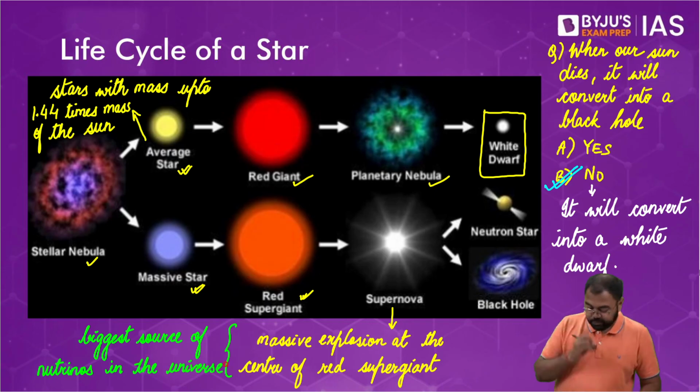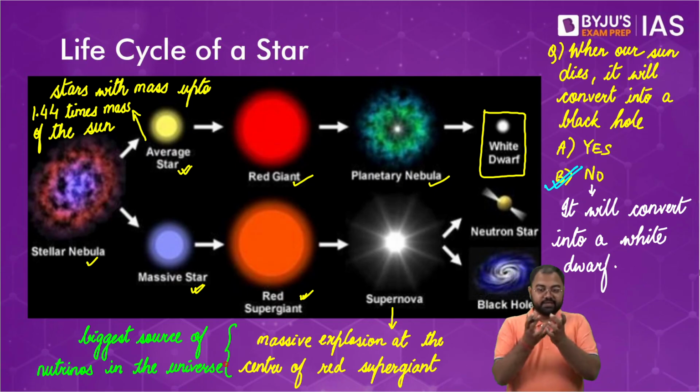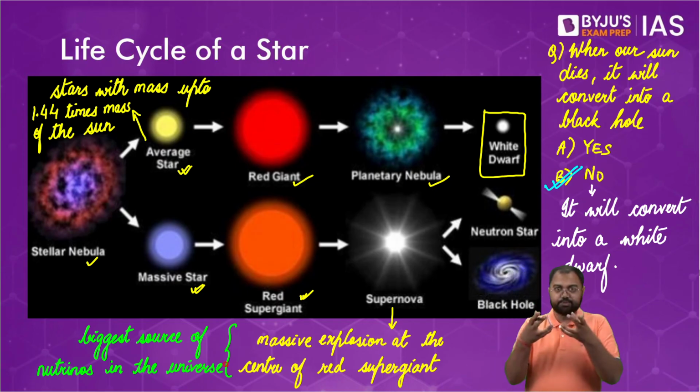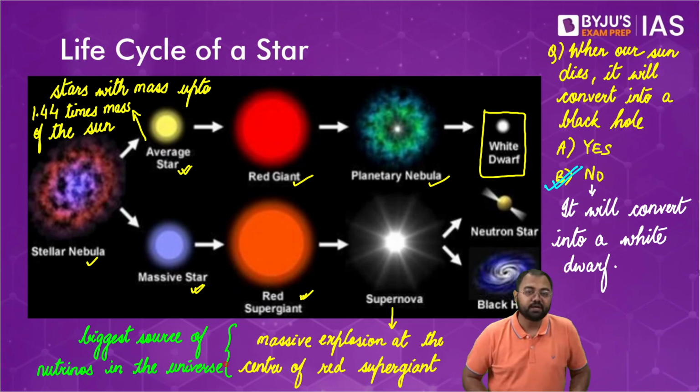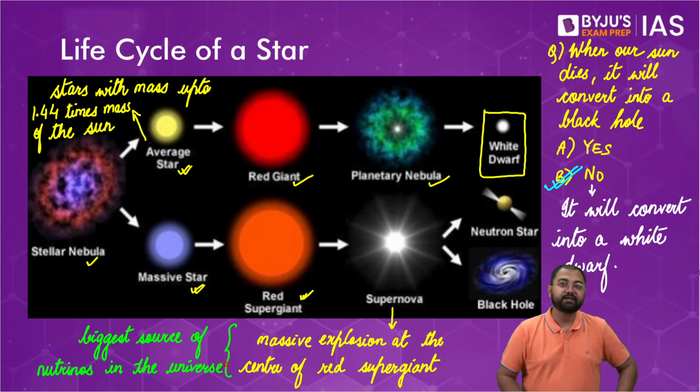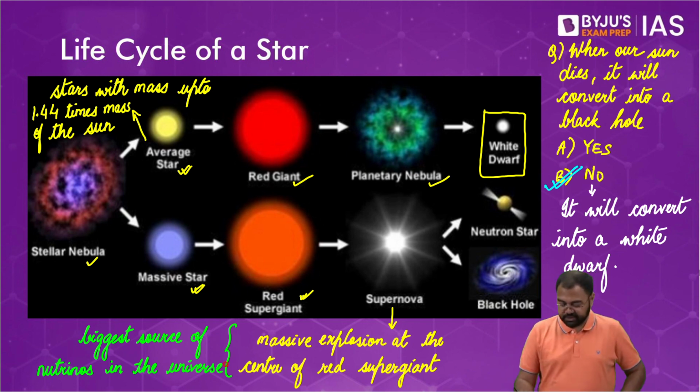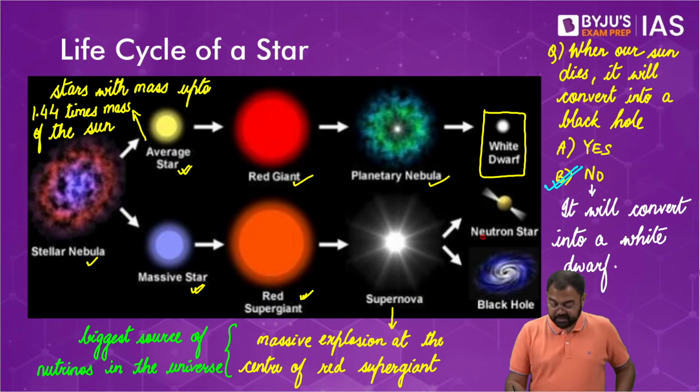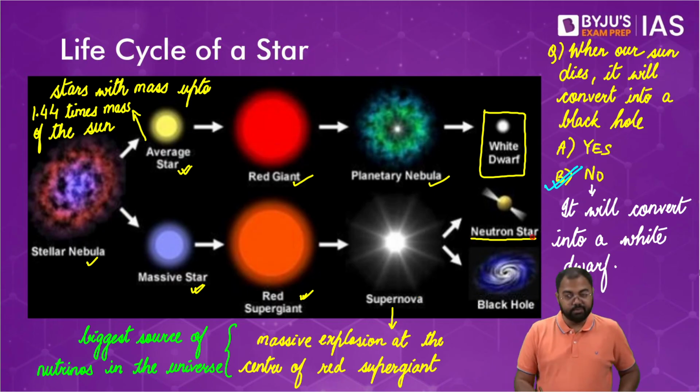So a supernova will happen. A supernova is nothing but an explosion, because this red supergiant now becomes very highly unstable, and an explosion happens at its center, and this explosion is called a supernova. And then after this explosion, either a neutron star will be formed or a black hole will be formed.